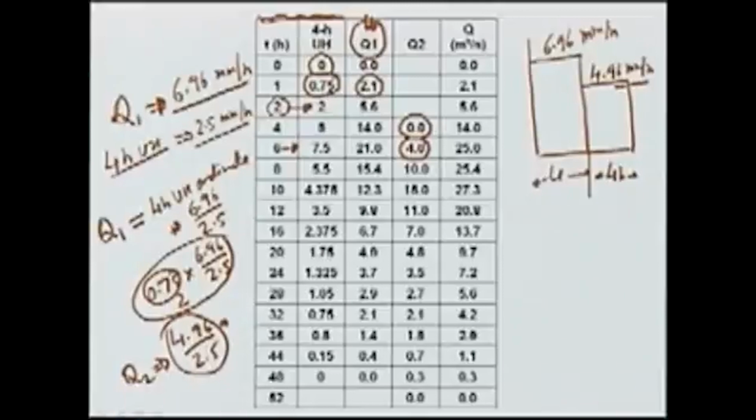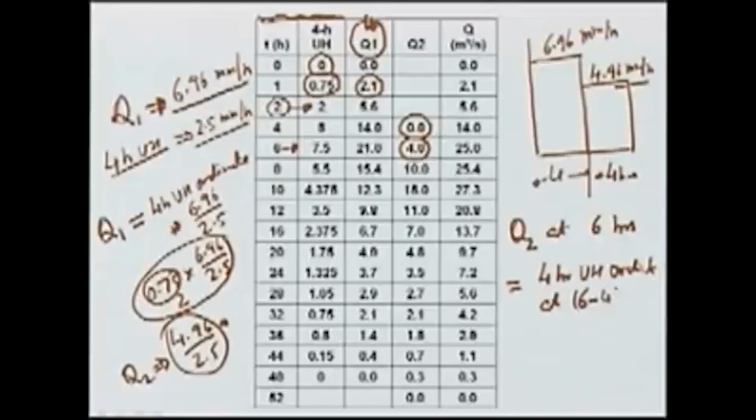So, 2 times 4.96 over 2.5 will give us 4.0. So, this 4.0 is the value at 6 hours. So, Q2 at 6 hours will be equal to the 4-hour ordinate at 6 minus 4 hours into the factor 4.96 over 2.5.